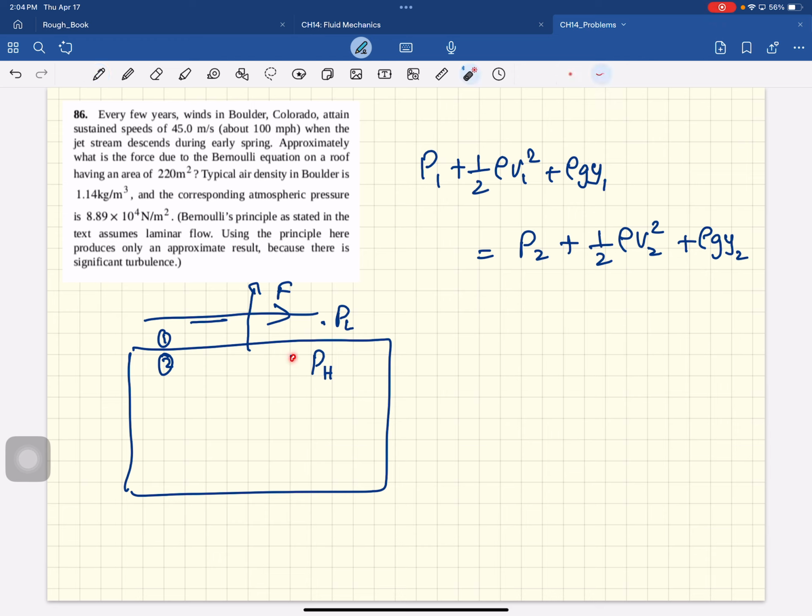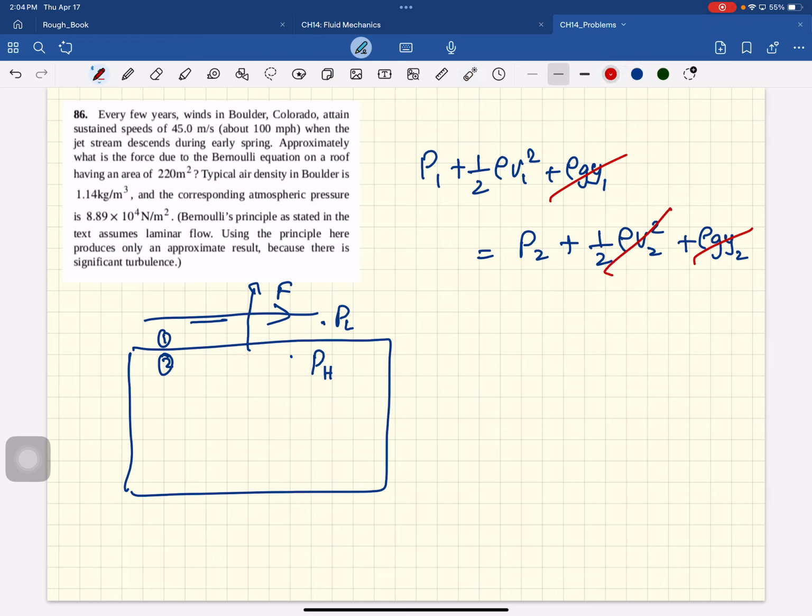We'll say y2 is equal to y1, so these terms cancel. What is V2? V2 is the velocity of air in here. What is that? 0.